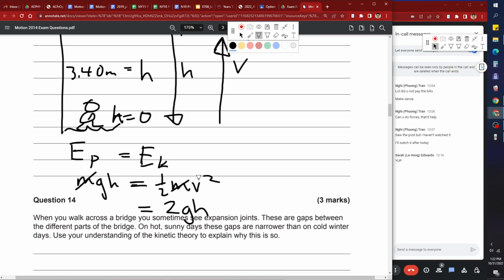Then all I have left is v squared, and for v, I need the square root. That's the whole equation. The velocity at the bottom equals the square root of 2 times the gravitational acceleration times the height he jumped from. So that's it: 2 times 9.8 times 3.4 meters.